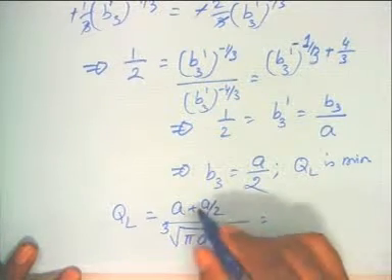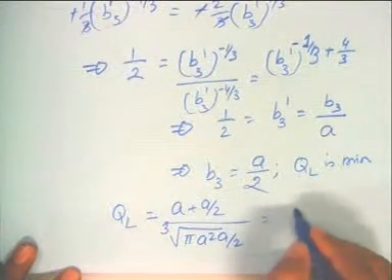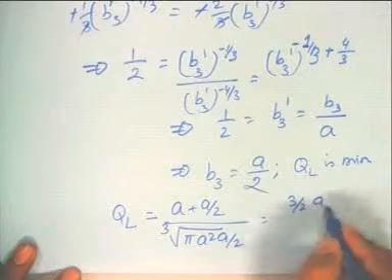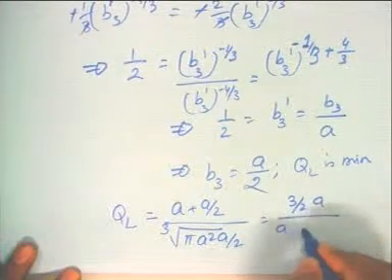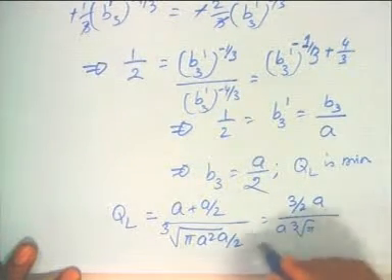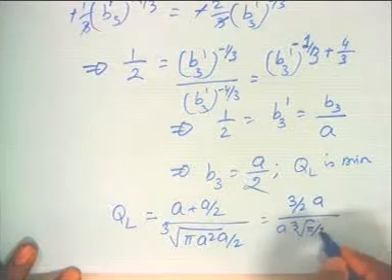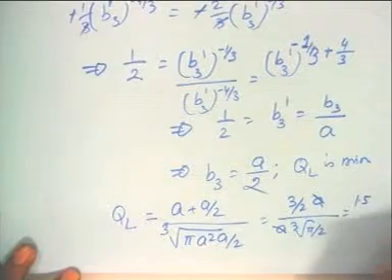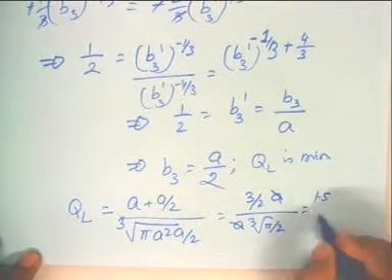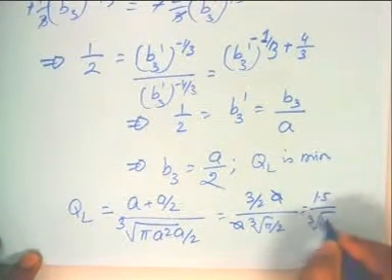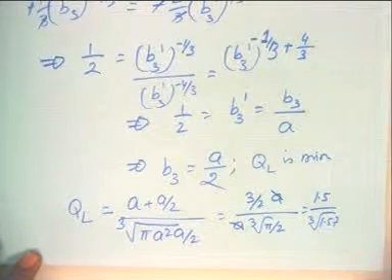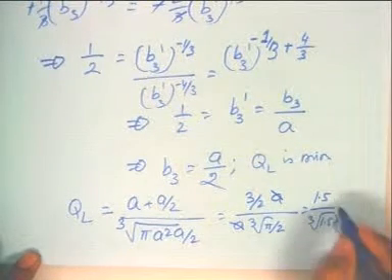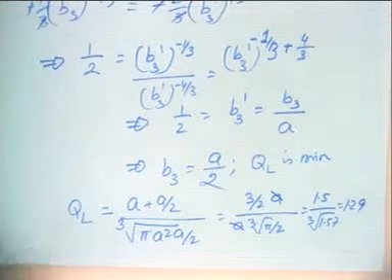So, this will be 3 by 2 A, this will be A cube root of pi and this will be pi by 2. So, this A cancels out, this will be 1.5 and pi by 2 is 1.57, okay, cube root. So, this result will come out to be 1.29.